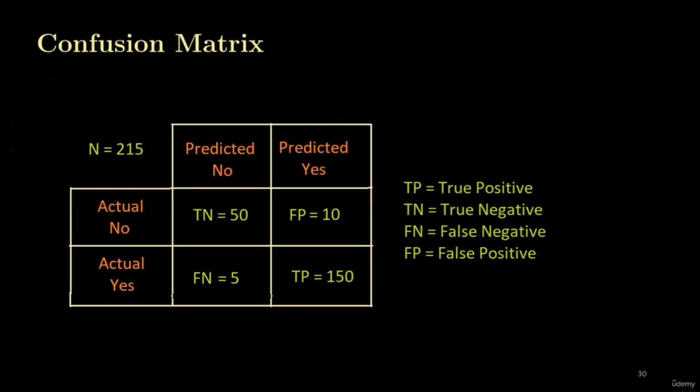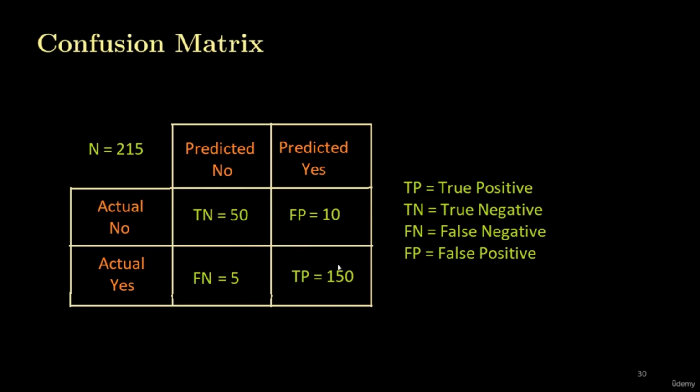So in this lecture, we learned about the confusion matrix. We learned that we can create the confusion matrix and the size of the confusion matrix is equal to the number of target classes. So if we have two targets, no or yes, or a negative and a positive target, in that case our confusion matrix will be 2 by 2. Inside the confusion matrix, we have 4 important terms: true positive, true negative, false negative, and false positive.